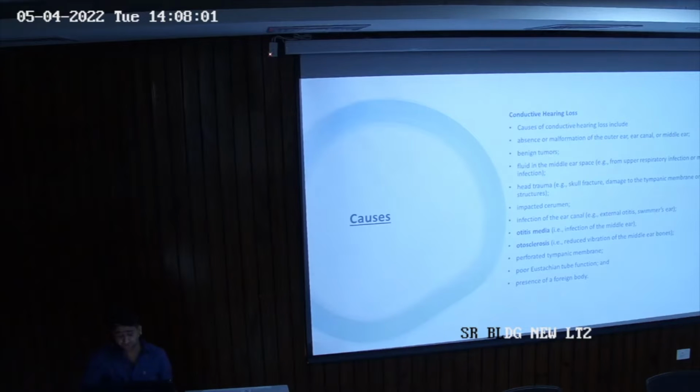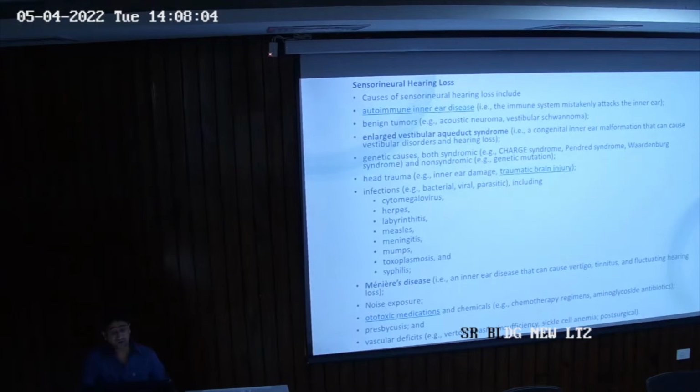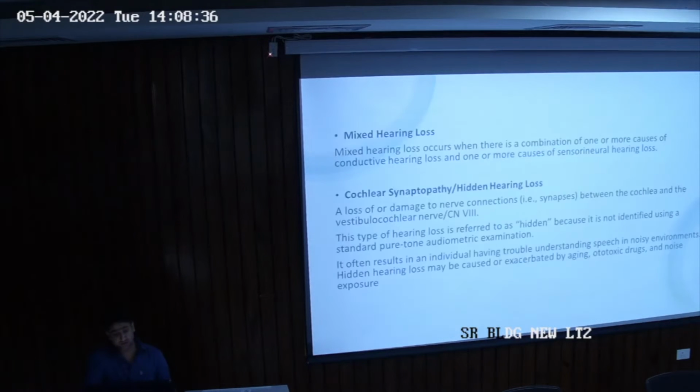Eustachian tube. Causes of SNHL: autoimmune ear diseases, benign tumors, enlarged vestibular aqueduct, genetic causes like Char syndrome, Pendred, Waardenburg, and non-syndromic genetic mutations, head trauma, infections (CMV, herpes, measles, mumps, syphilis, toxoplasma), Meniere's disease, noise exposure, ototoxic medications, presbyacusis, and vascular deficits.